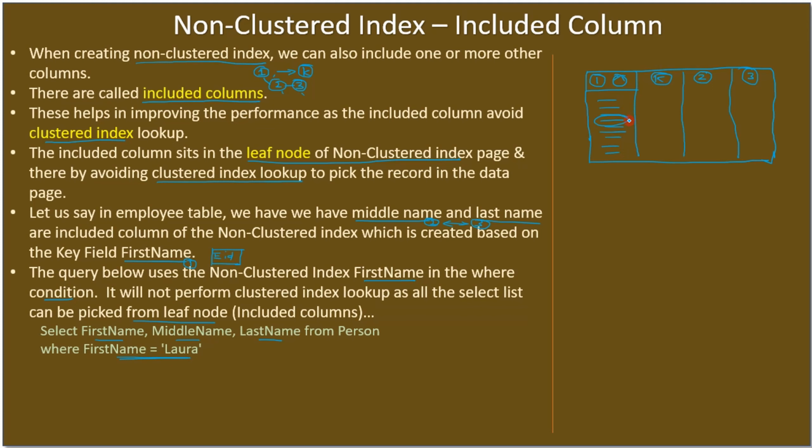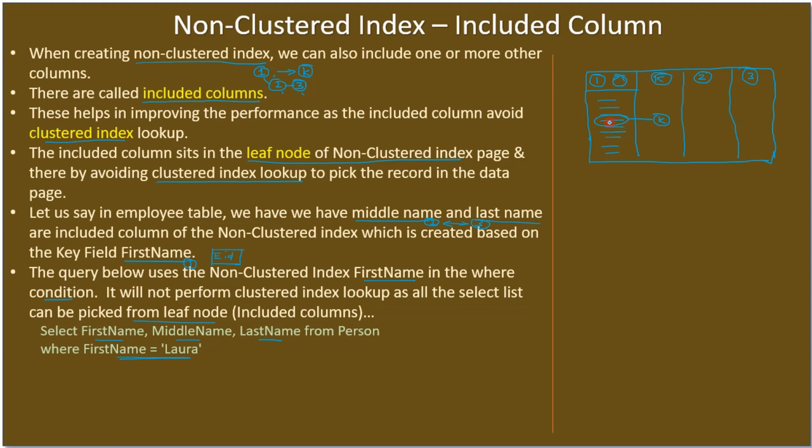Then there will be a key mapping here. This entry would be useful to perform a clustered index lookup based on the primary key or clustered index structure. But here if you look at the select list, what we need is first name. So it's already available.